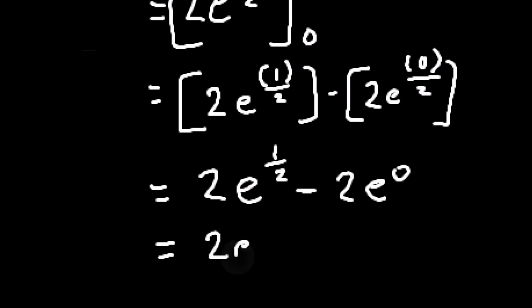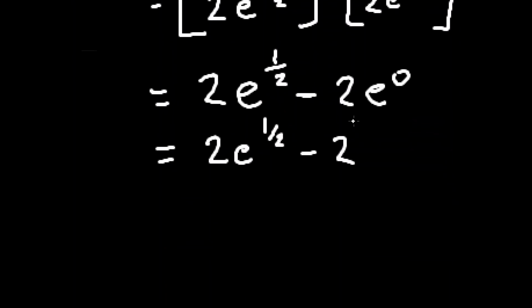So that's 2e to the 1/2 minus 2. Okay, and you can leave it at that. That's probably as easy as you want to get, but we don't like leaving powers with the value of a half. We've got a special square root for that, and that's probably what you should leave it as, like this, and that's your answer.